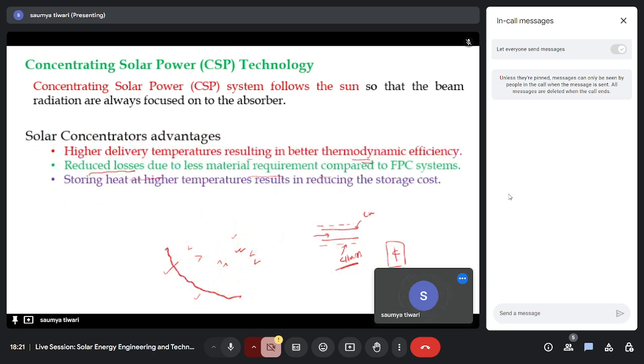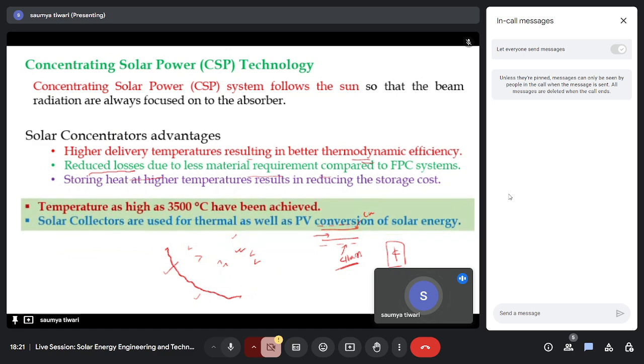Now, we have some solar concentrator advantages, like better thermodynamic efficiency, reduced losses, high heat storage capacity, and we can reach temperatures as high as 3500 degrees Celsius. Basically this heat can be further utilized to generate electricity. So we can use steam generators, and then we can produce electricity.